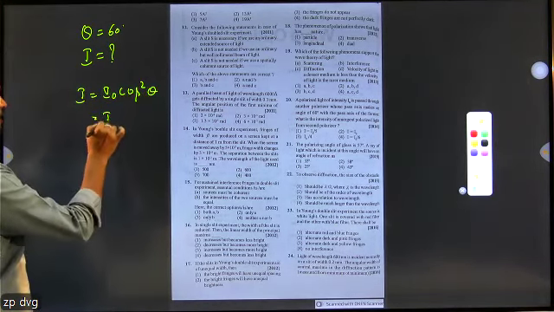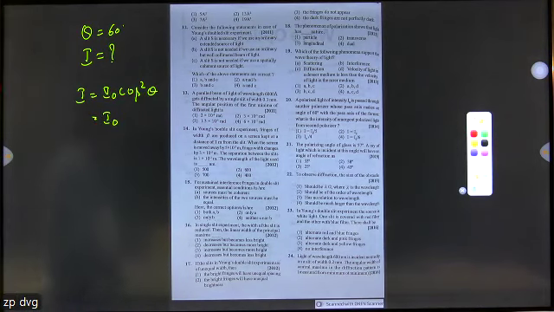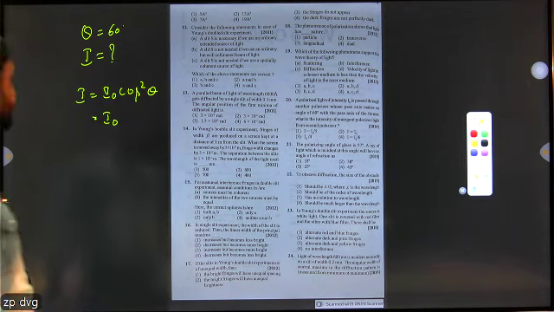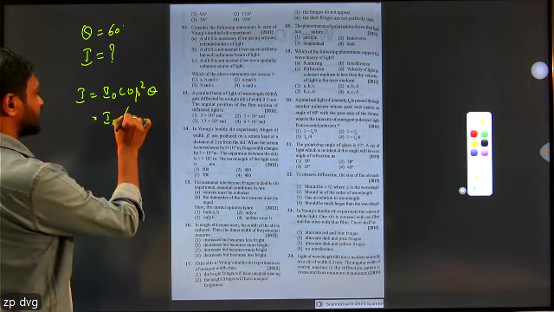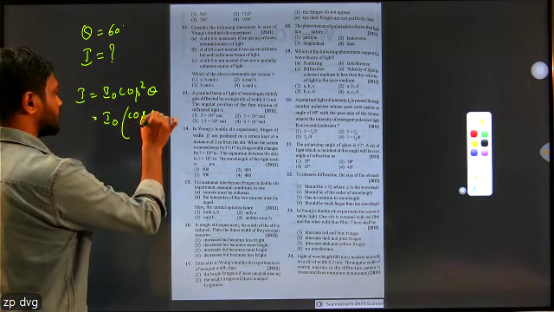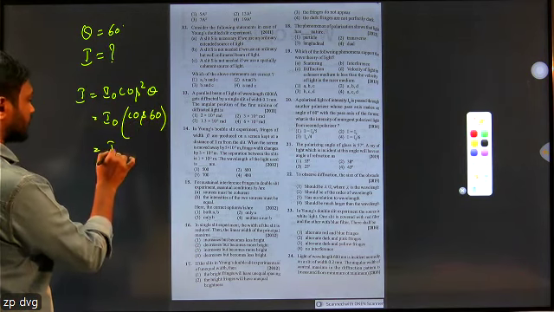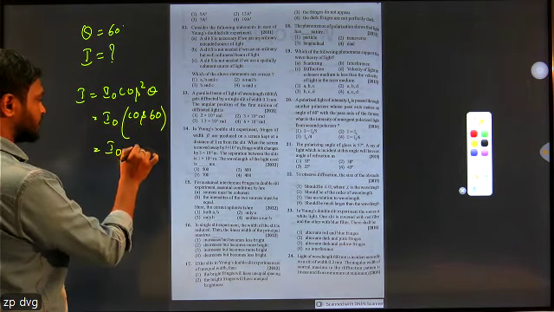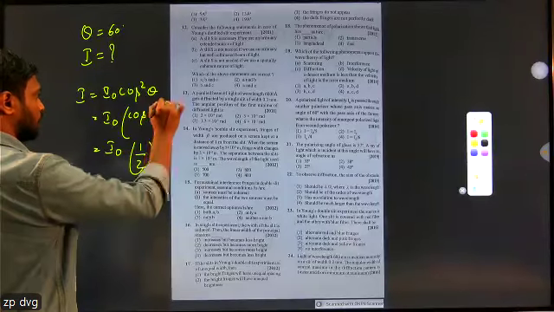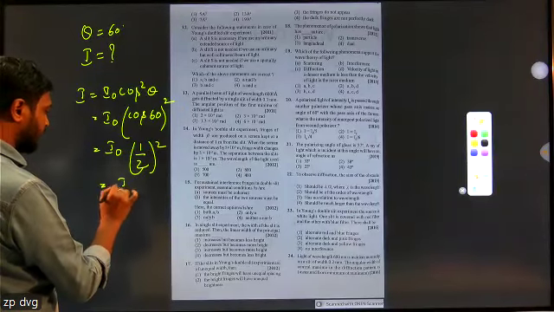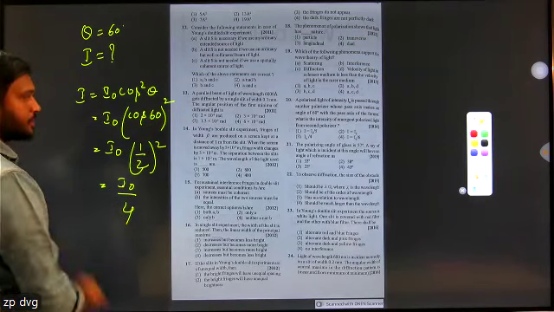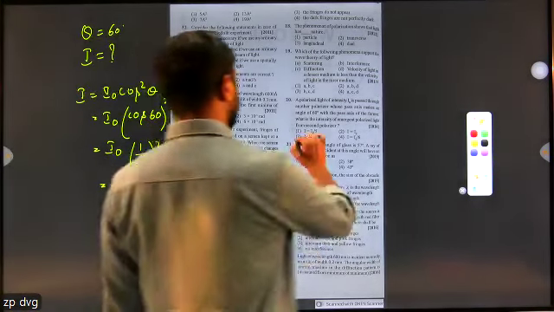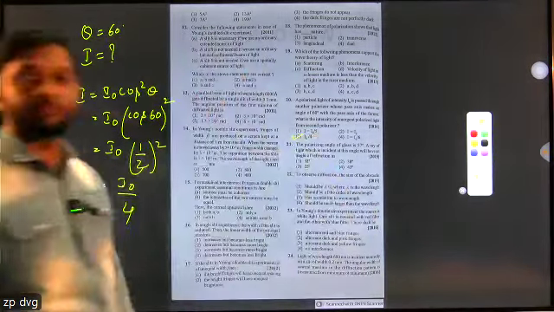The value of cos theta is cos 60 degree, that is 1 by 2. So I equals I naught times 1 by 2 whole square, that is I naught by 4. So option C, that is I naught by 4.